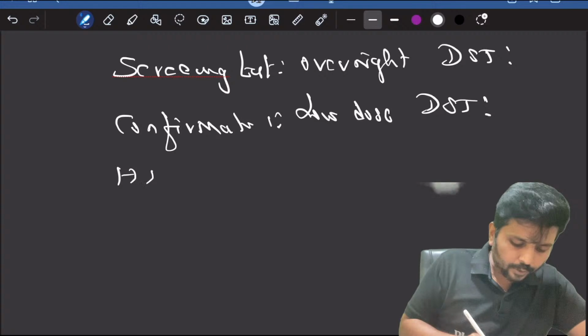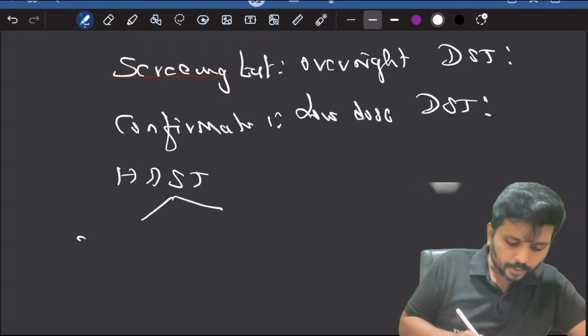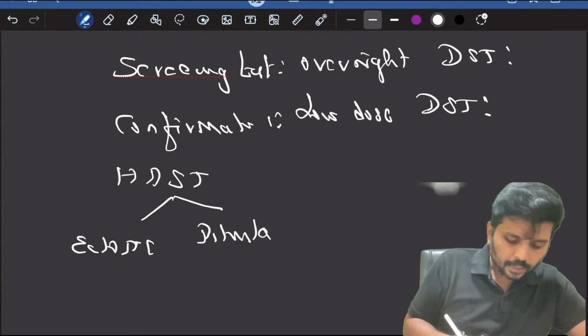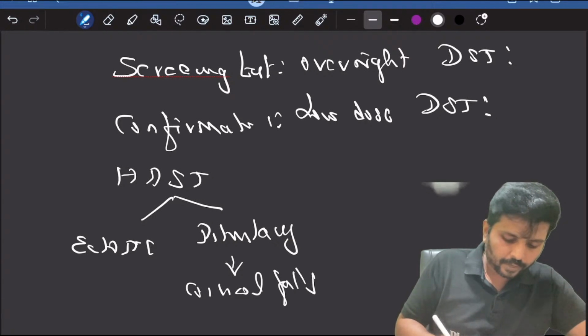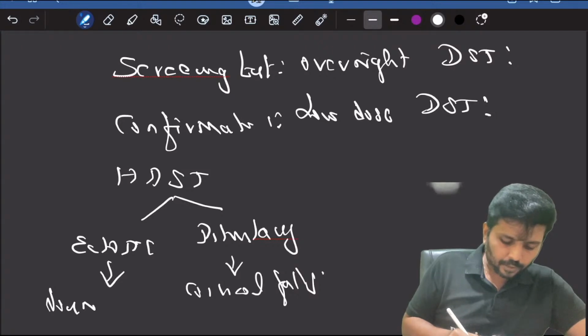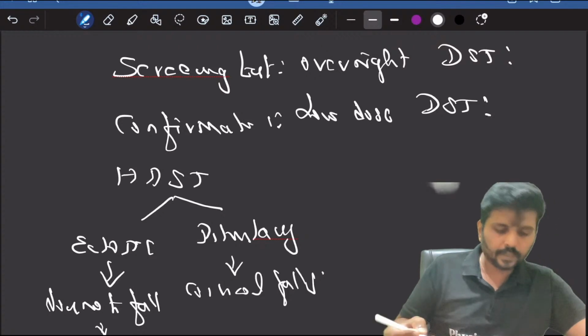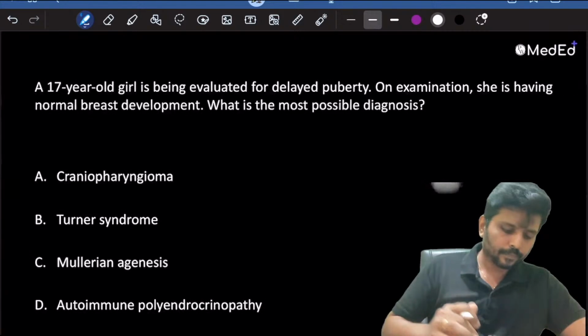Whereas the high dose dexamethasone suppression test is to differentiate between ectopic and pituitary, because when you give high dose dexamethasone, if the cortisol level falls, then it is pituitary. If the cortisol level doesn't fall, it is ectopic. This is all about Cushing syndrome.